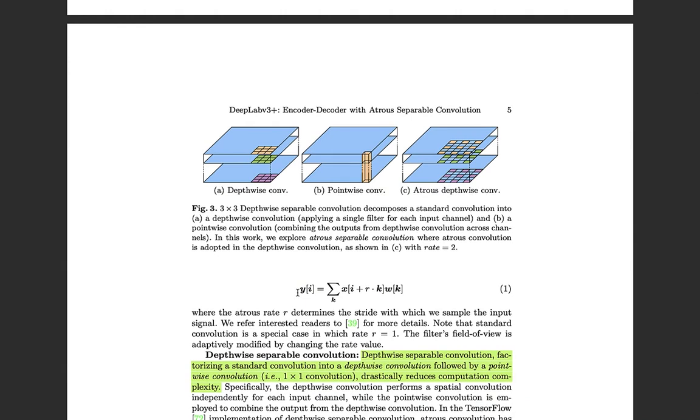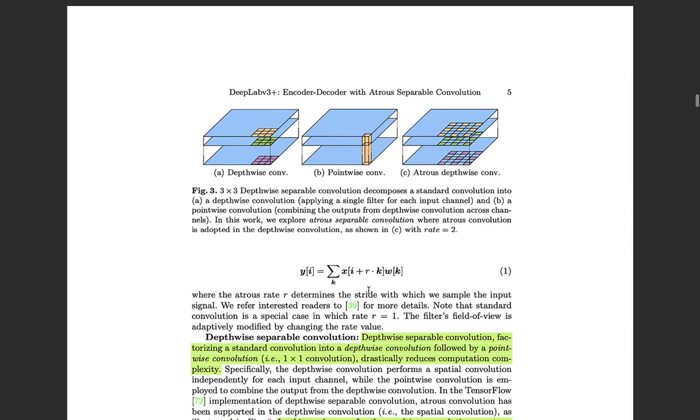Actually, I think this is for the 1D or one-dimensional Atrous convolution, and the r parameter that you see in this part is actually the sampling rate that we're using to output the feature map.